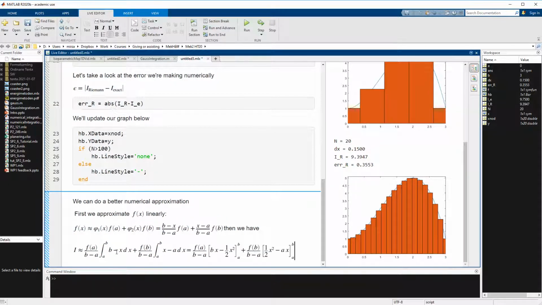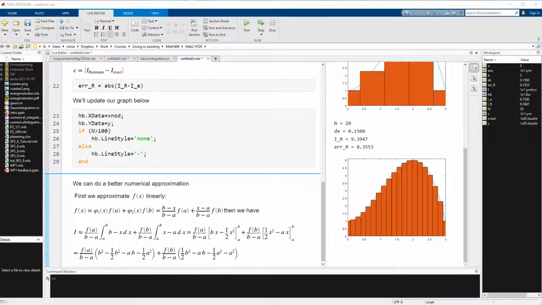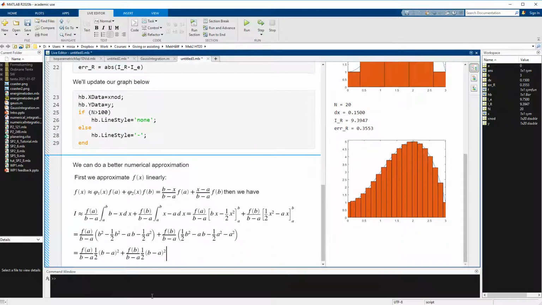All right, so if we work out what this integral is, we get this here, and if we evaluate this, we arrive at this expression, and you can work it out yourself, which leads to the following here.